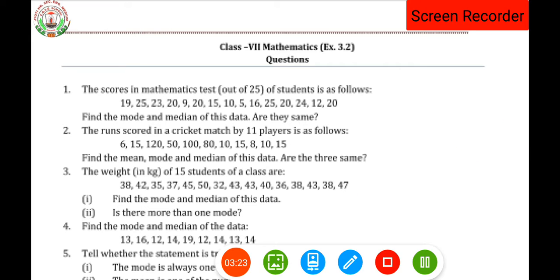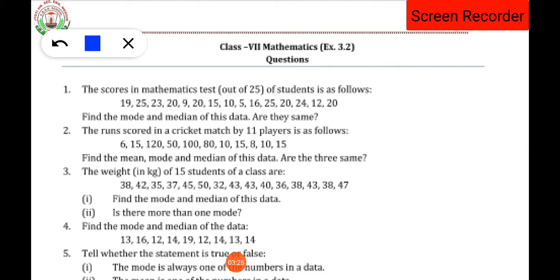The second method I also told you while explaining the definition of median: you have to count the number of data, like 1, 2, 3, 4, 5, 6, 7, 8, 9, 10, 11, 12, 13, 14, 15. These are 15, isn't it? So here the n value is 15. Whether n is odd or even, it is odd.